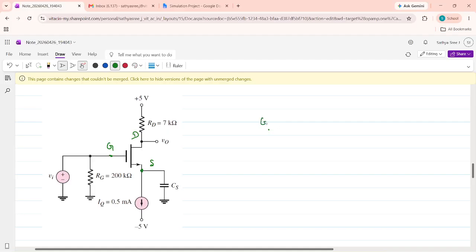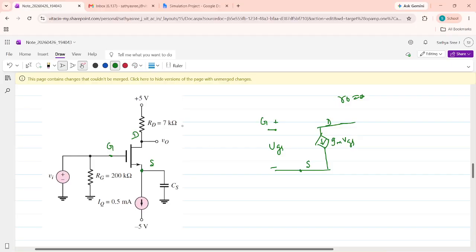Between the gate and the source there is an open circuit. The voltage across the open circuit is VGS. Between the drain and the source is the current source gm VGS. Assume R naught as infinite. So this is the small signal equivalent for this transistor.